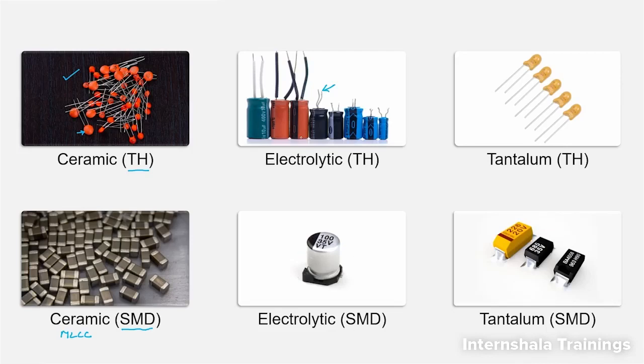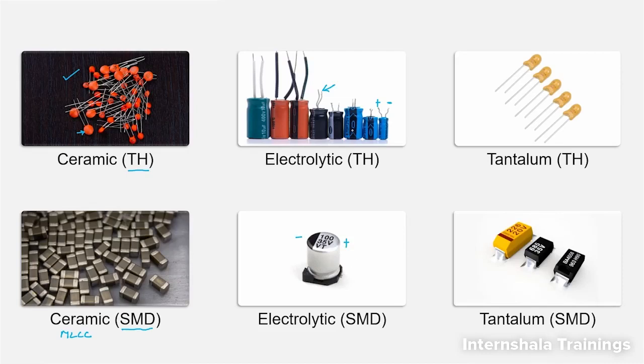And again, electrolytic capacitor has polarity, so it's going to have one terminal as positive and another terminal negative. In the same way, for SMD electrolytic capacitor, one terminal will be negative and another terminal will be positive. Okay, so you can see here this black sign which indicates the negative terminal of this electrolytic SMD capacitor, and this one is the positive terminal.